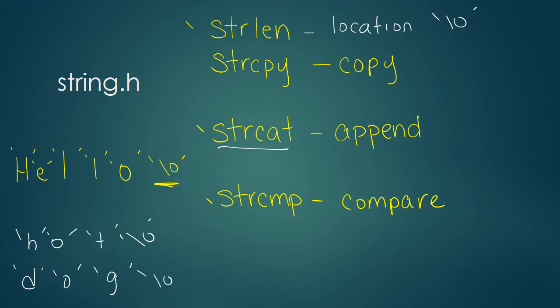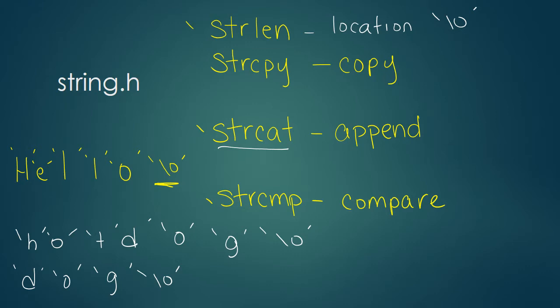You need the null character. It's going to start at the null character of the destination and copy the source, starting at the null character, and then at the end it will put the null character at the end. So strcat is used to append one string onto the end of another string.